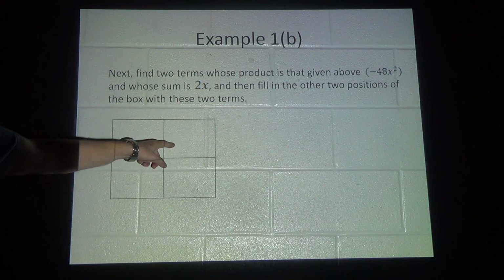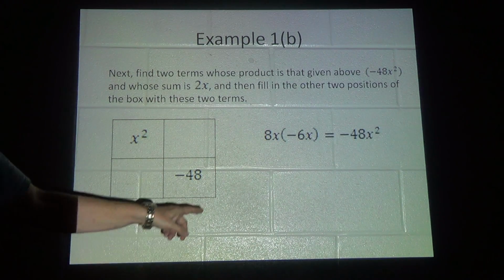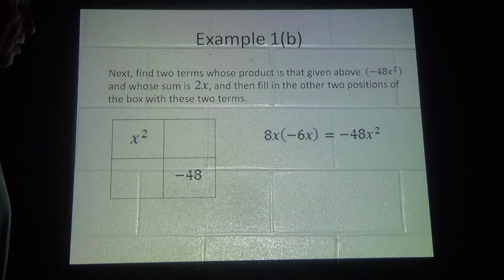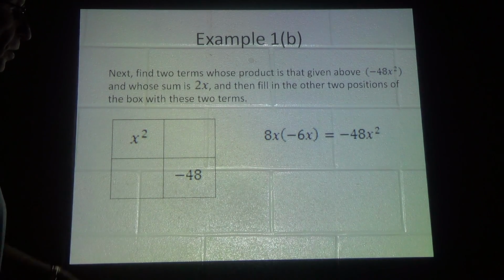We need to keep in mind that it's negative 48x squared. We need to have something that multiplies together and adds up to 2x. So let's go ahead and fill this in. We've already got these two filled in. 8x times negative 6x will give me negative 48x squared. So the 8x and the negative 6x are the terms that I'm going to put in here.